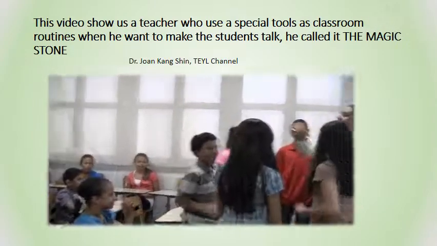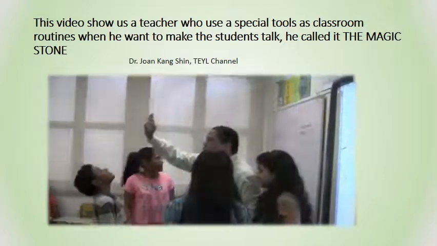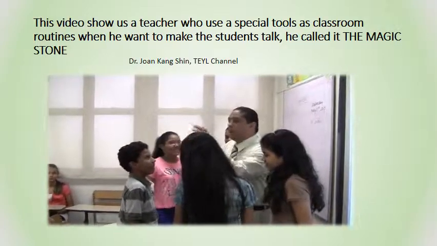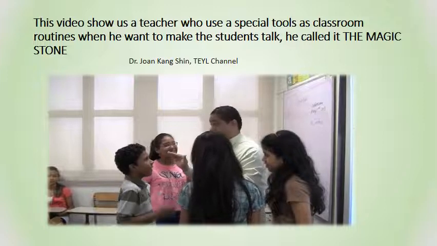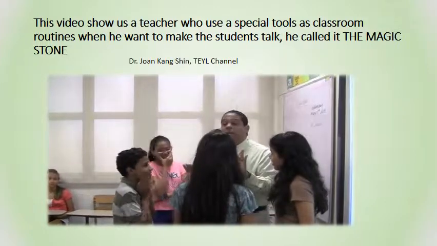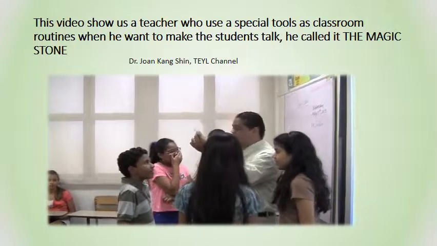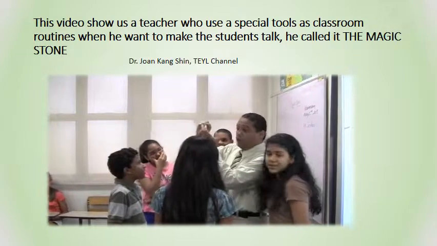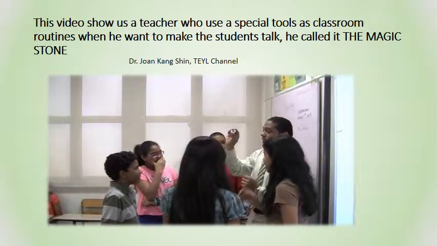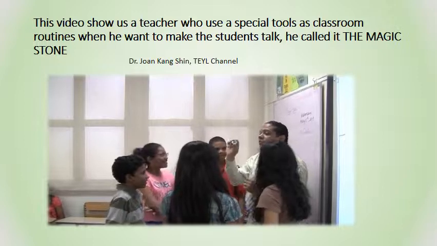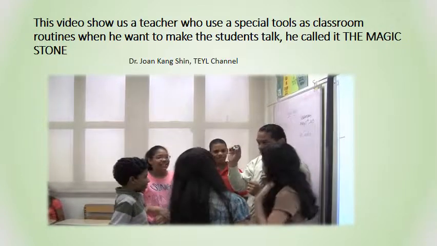And this is a magic stone. Whenever you touch the stone, you only speak English. The only language you speak is English. So I'm going to give you the stone, and you're going to tell me what your favorite food is. Okay?